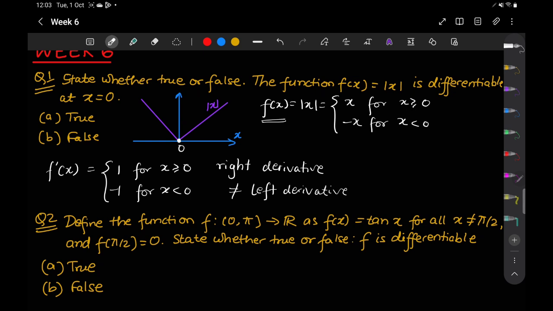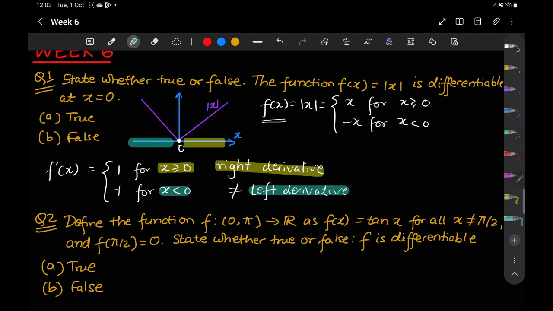And what are these right and left derivatives? Right derivative means positive x values coming from the right side of x equals 0. So this is the right derivative, x greater than or equal to 0. And the left derivative is approaching x equals 0 from the left side. That means negative x values. So this is the left derivative.